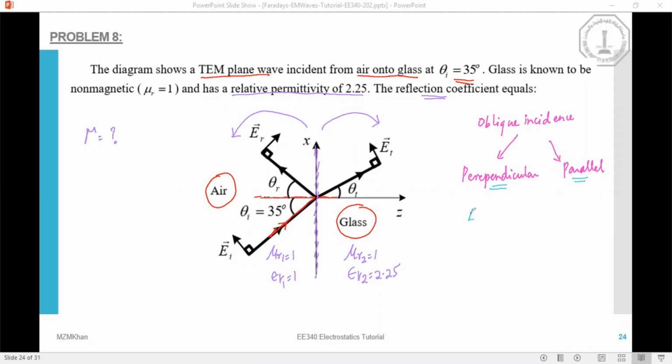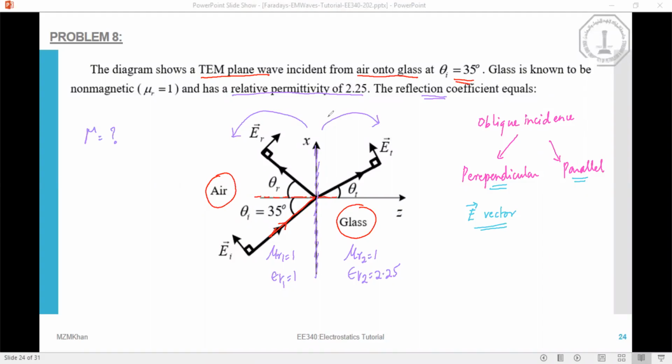And to find whether it is perpendicular or parallel, you should look at the electric field vector. What is the plane of incidence? The plane of incidence is the plane where your incident, reflected, and transmitted fields all stay.